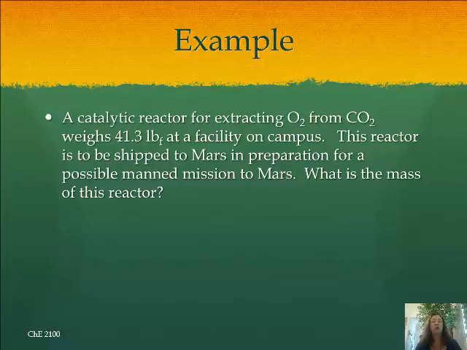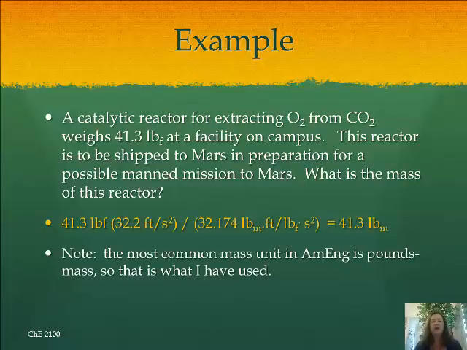So, if you're working on sending things off to Mars, you need to know the mass of the object. So, the mass for 41.3 pounds force, well, I just multiply by g, which is 32.2 feet per second squared, and divide by g sub c, which is 32.2 pounds mass feet per pound force second squared, and I end up with 41.3 pounds force is 41.3 pounds mass.